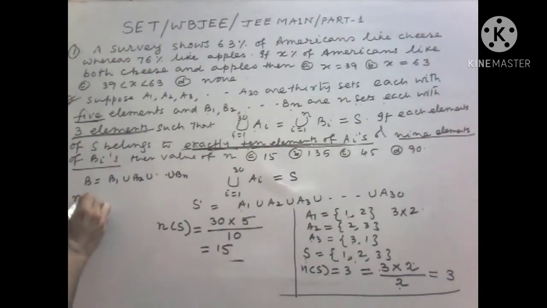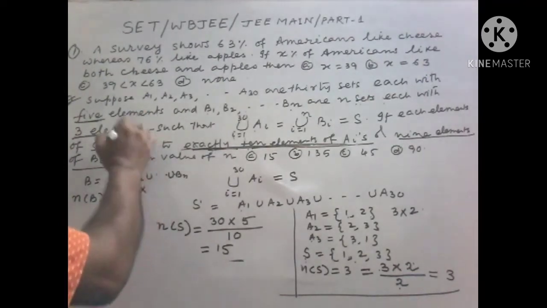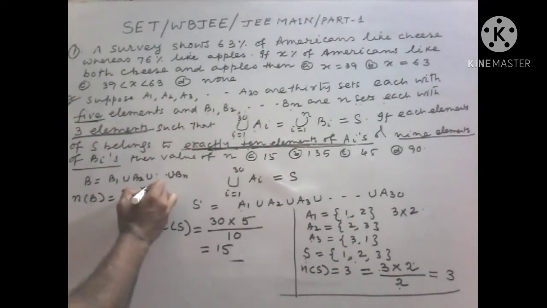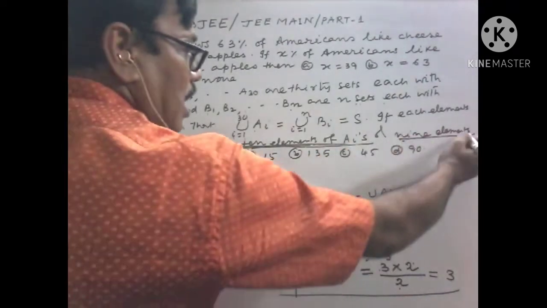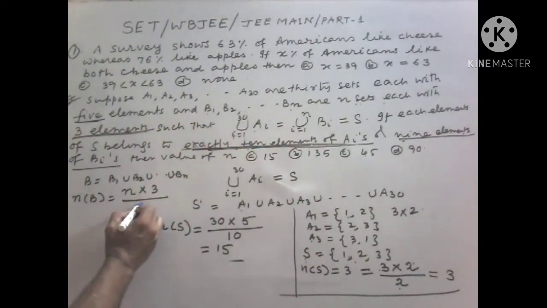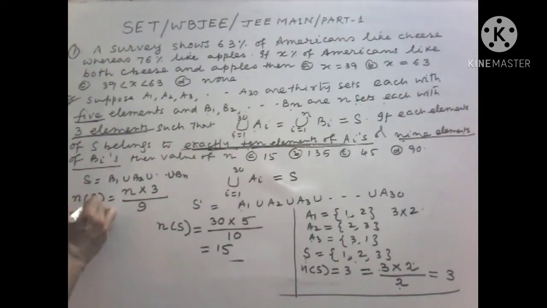So what is n(B)? By the above formula, the number of sets into the number of elements in each Bi, which is 3, divided by 9, since each element is common to 9 sets. So this whole thing is divided by 9. This is n(B), which is the same as n(S).